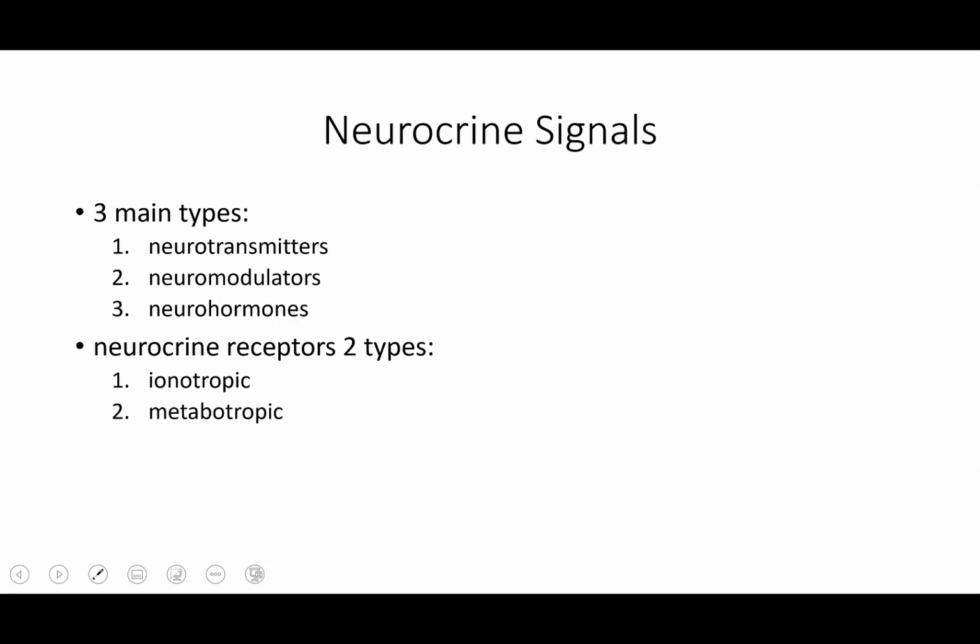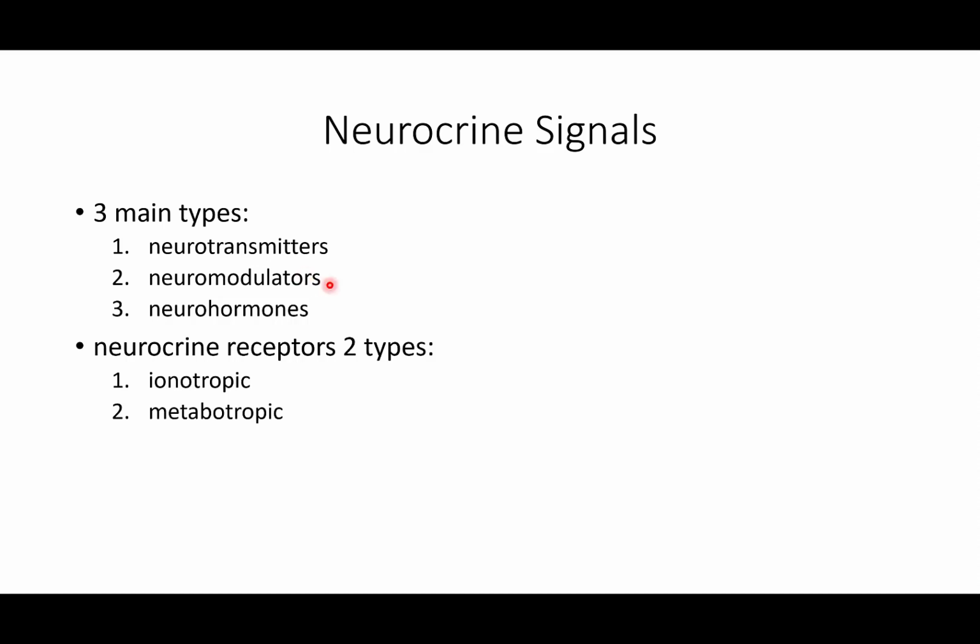There's what we call neurotransmitters. Neurotransmitters bind directly to receptors in a synapse. They don't diffuse far away, and they usually open ion channels. We can also have what are called neuromodulators.